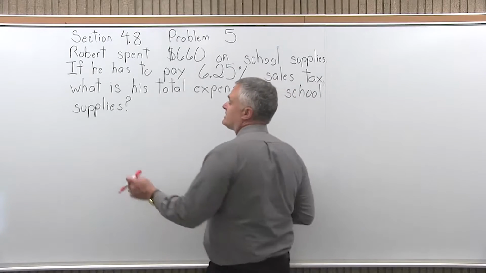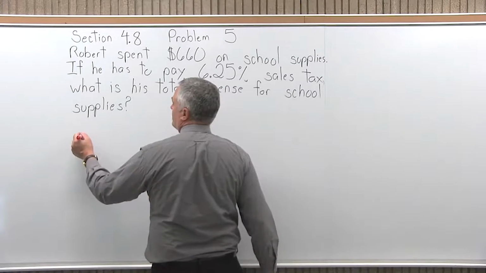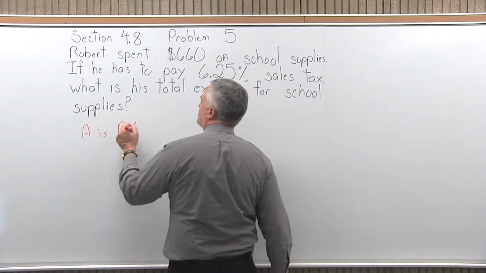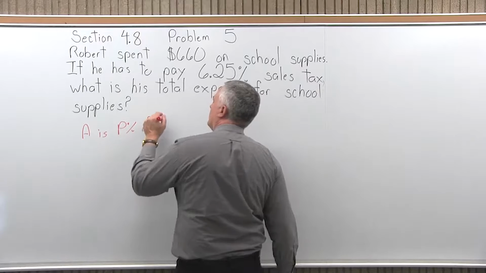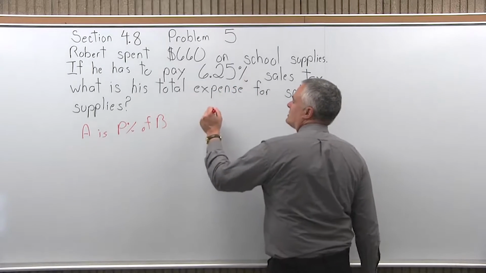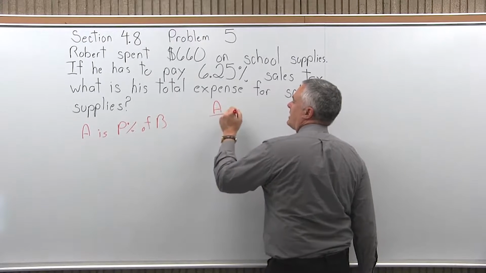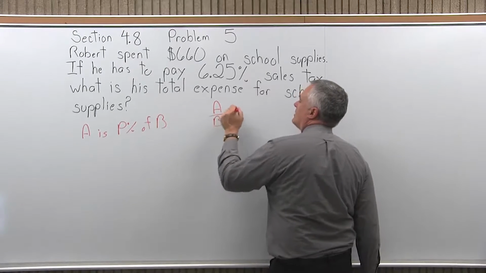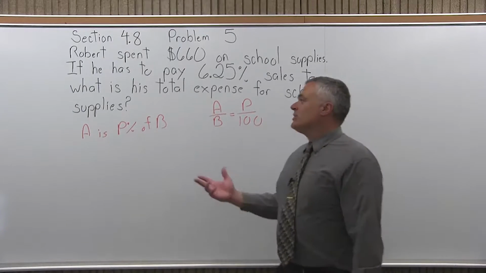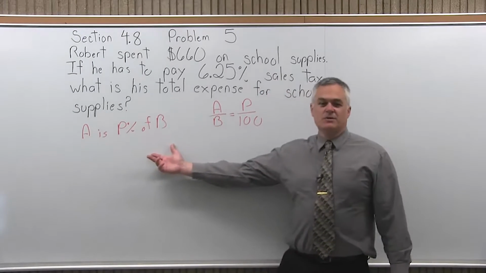Because it's a percent problem, I want to write it in the form A is P percent of B. And if I can boil the question down to that format, then I get to use the formula A over B equals P over 100. So can I boil this question down to A is P percent of B?